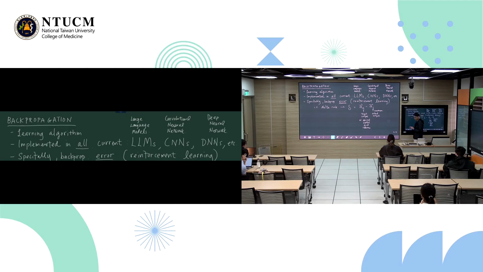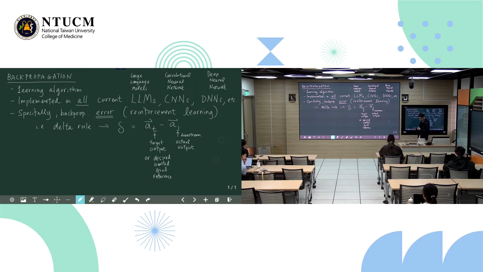And essentially, by doing this, by doing the reinforcement learning and delta rule, the goal of delta rule is such that, okay.